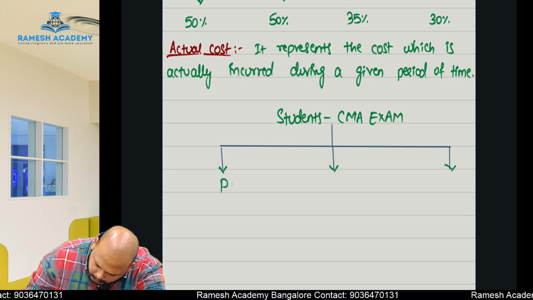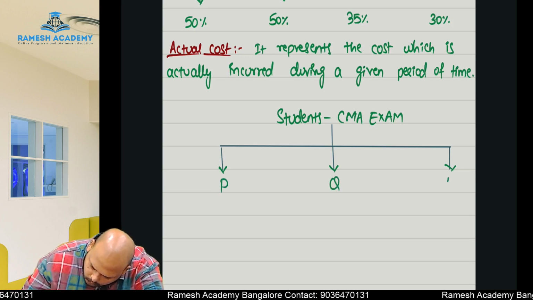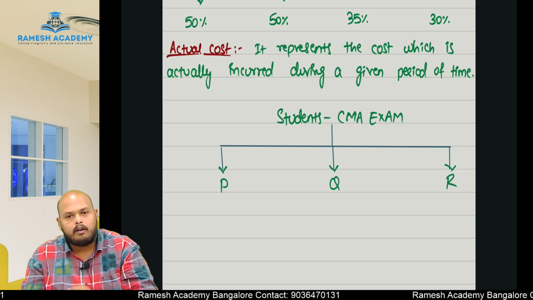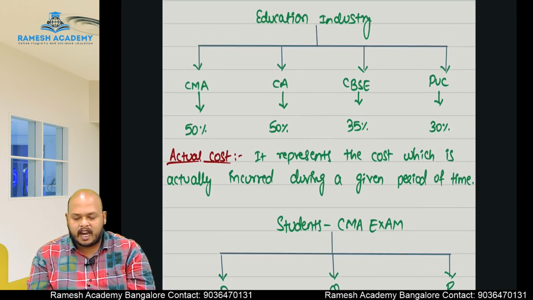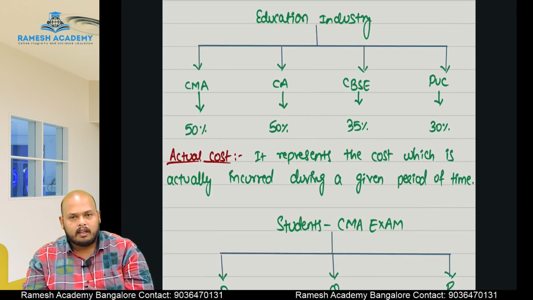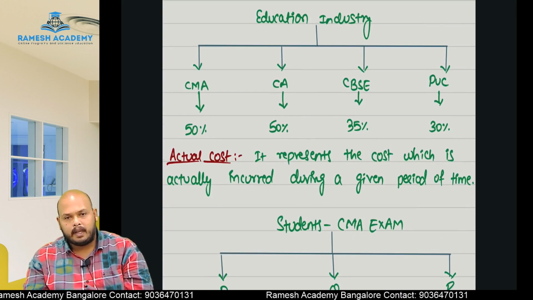One person is P, another person is Q, another person is R. So what is the standard expected by the CMA? The standard expected by the CMA is 50%.